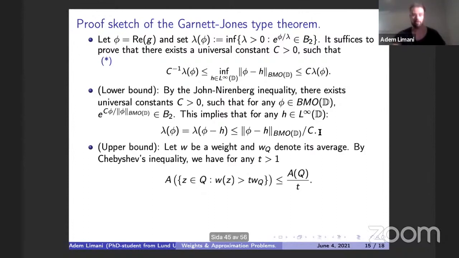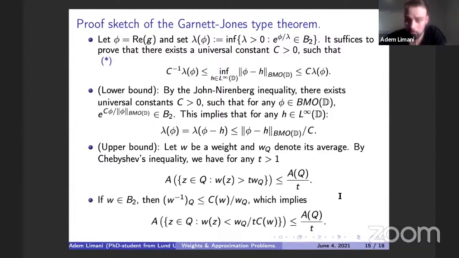For the upper bound, let us be given a weight, and we denote by W_Q the average, where Q here will be a Carleson square. Then by the standard Chebyshev inequality, this is what we get. However, if our weight is a B2 weight, then there exists a constant C_W, which is uniform in Q, and then using Chebyshev, we can derive this as well.